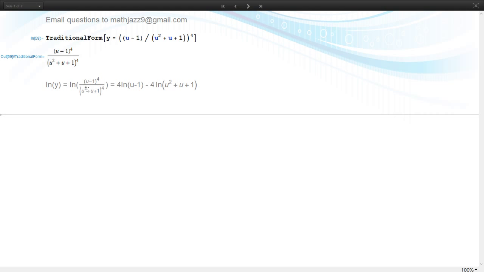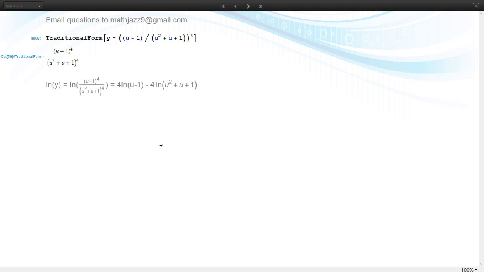And then the bottom becomes negative because division turns into subtraction inside of a log. And then the power 4 comes down in front, and this denominator that was raised to the 4th power becomes the argument of the natural log. So I get ln of y equals this.